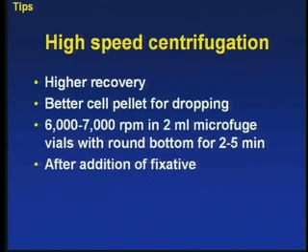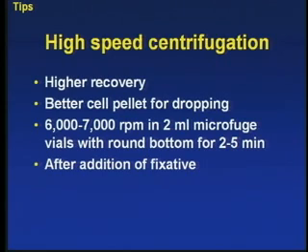Now, we said that we prefer to have a microcentrifuge for this kind of process because the high-speed centrifugation would increase the yield and improve the quality of the chromosome spreading. The particular centrifuge we're talking about is the microfuge that uses the 2 ml vial with a round bottom.